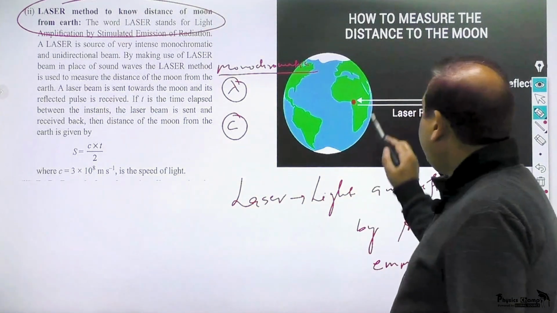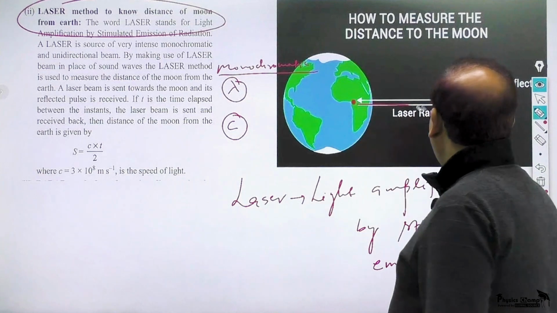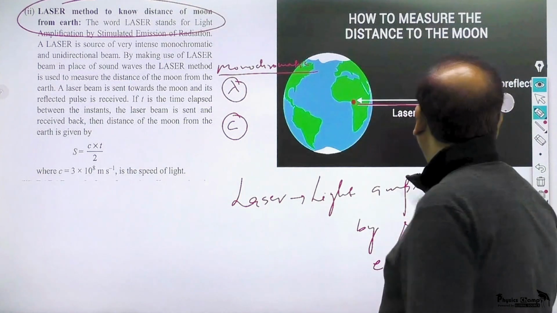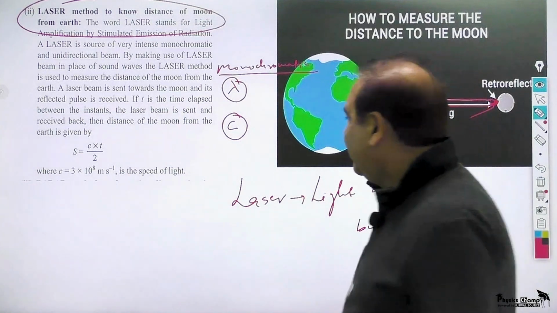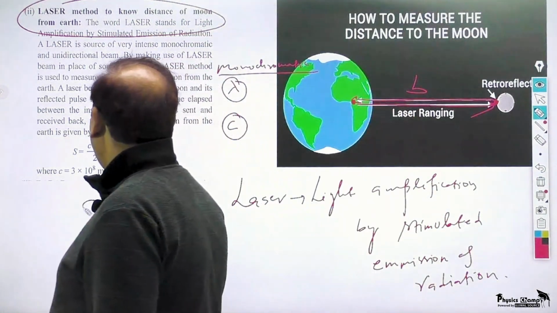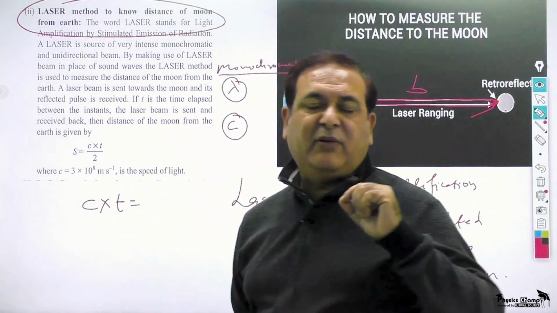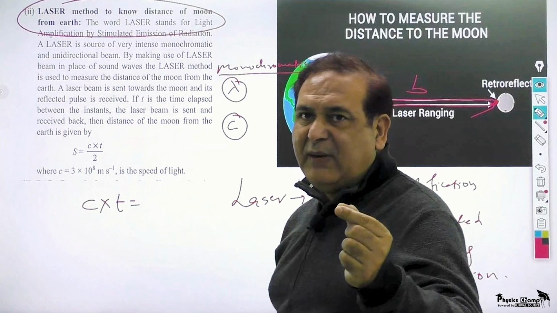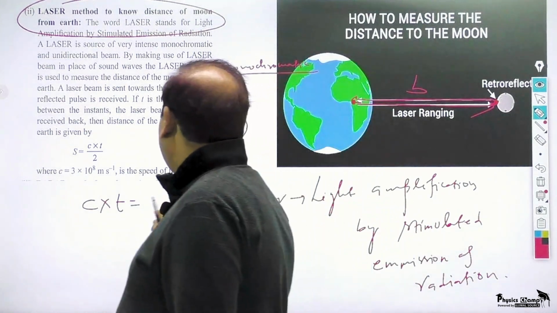So a laser beam, which is quite intense, is sent to the moon and it certainly will reflect back and will be received. So if the gap is b, we can say c into t, where c is the speed of light, the speed at which the laser beam travels, and it has taken a time interval t equal to 2b.